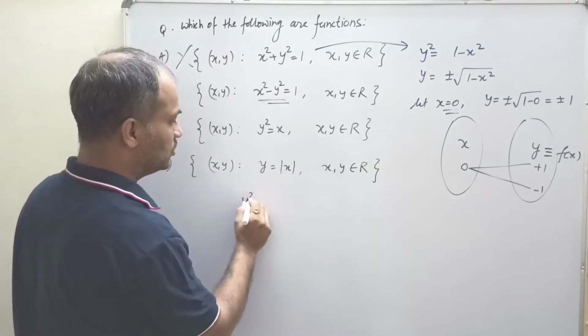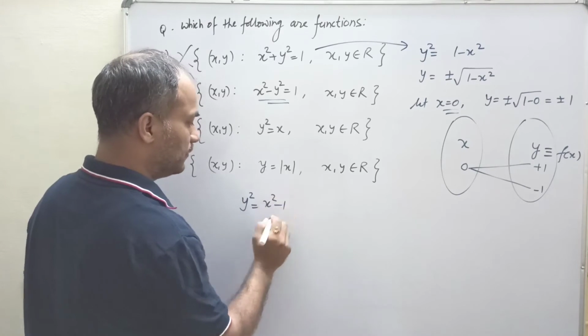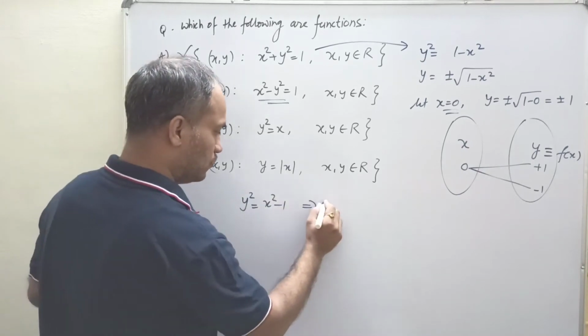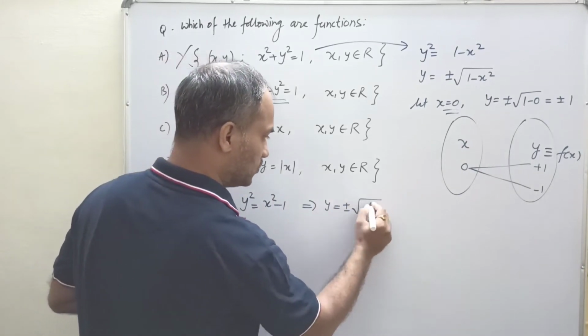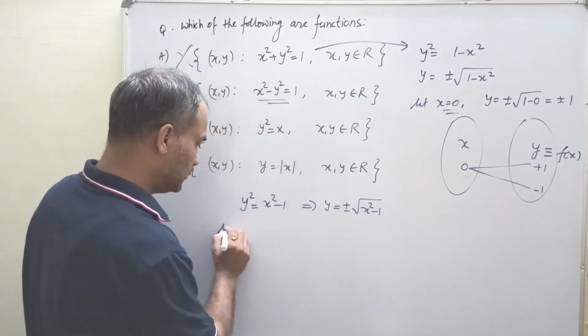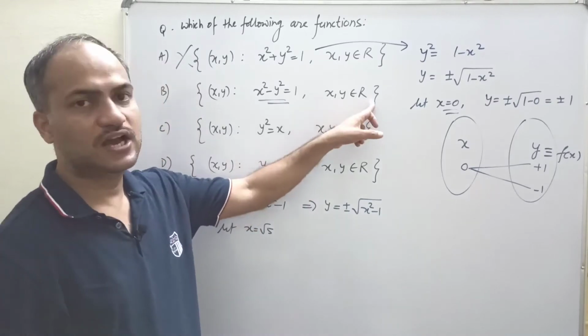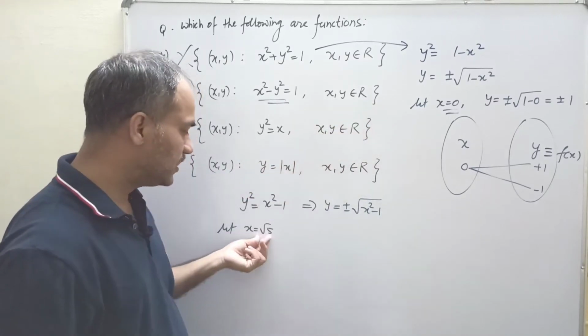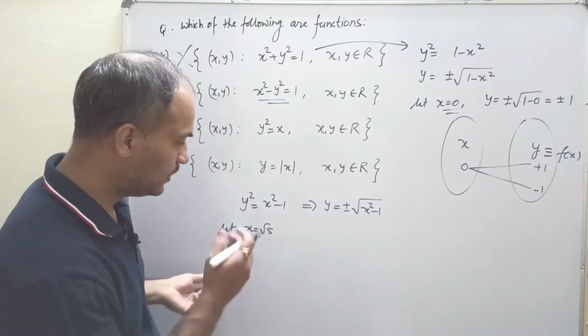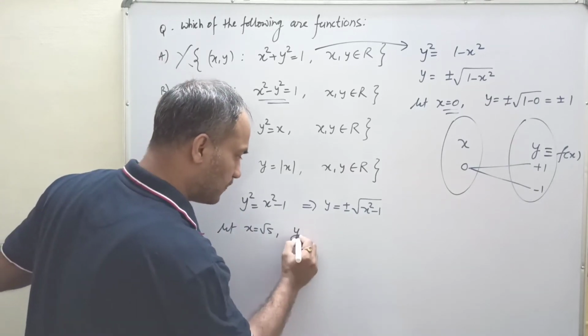Similarly from here, y square is x square minus 1. So y will be plus minus root of x square minus 1. Let x is equal to root 5. Since x and y are any real numbers, here I take the value root 5. And let us see for this value what is y.